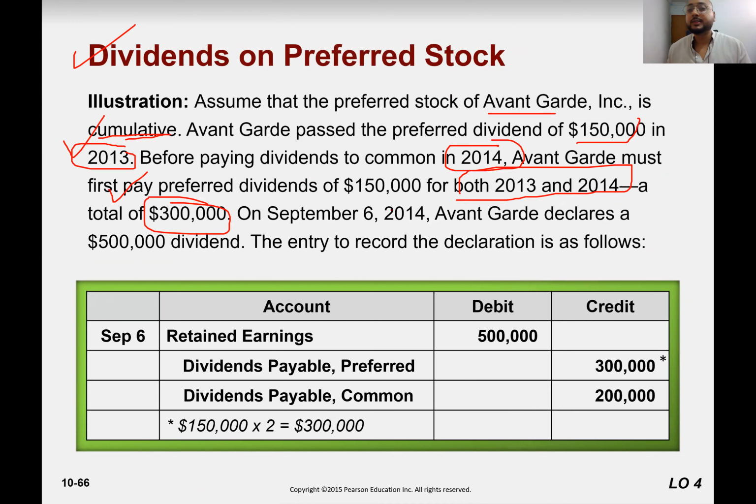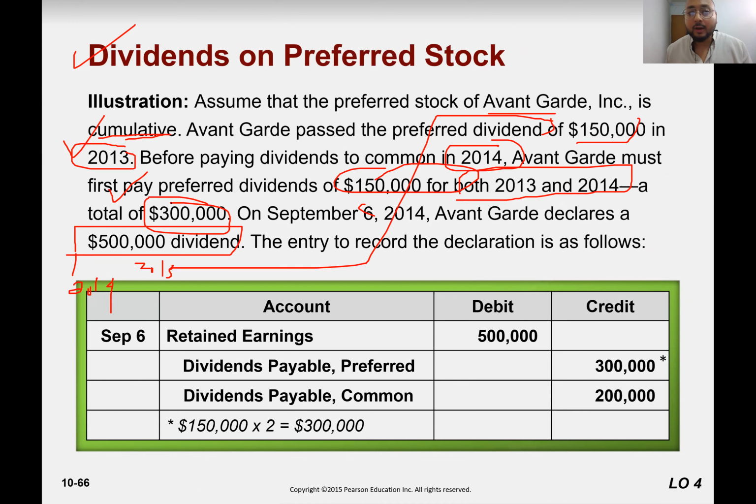On September 6th, Event declares dividend 500,000. So their total dividend is 500,000. Among this 500,000, we are in 2014, right? 2013, 150,000, and 2014, 150,000.